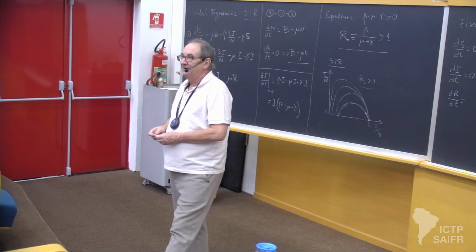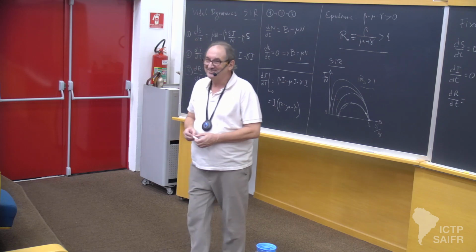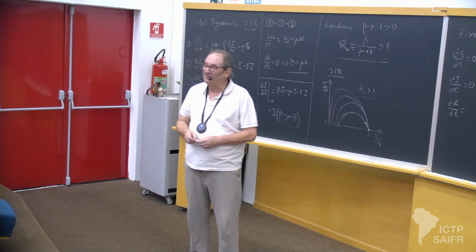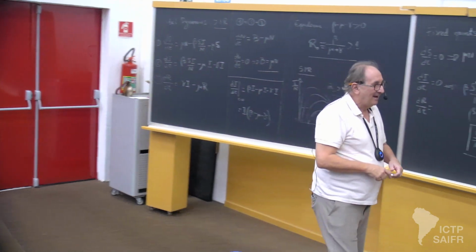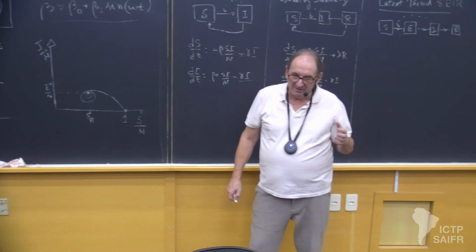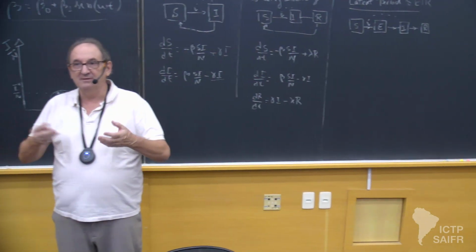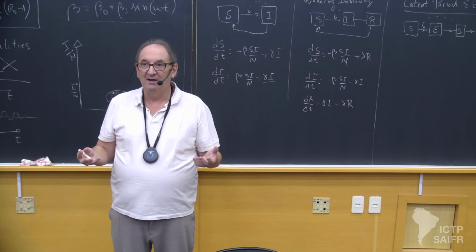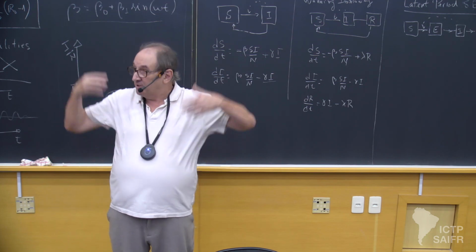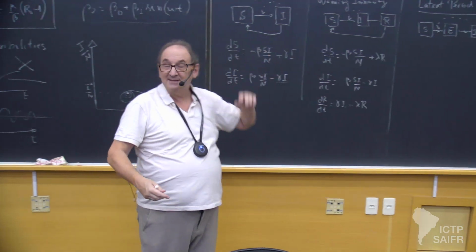And you get worried: oh, the number of equations is increasing, so it will be difficult to study. But this model is not so difficult. Probably in the next class, I will talk a lot about calculating R0, the reproductive number, in more general situations, and I will use this as an example.